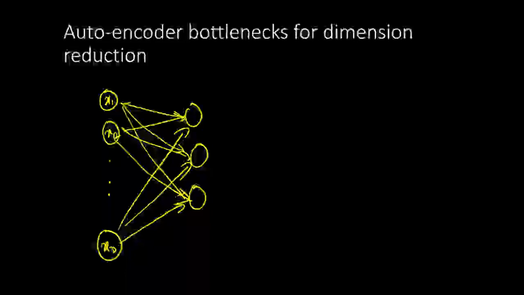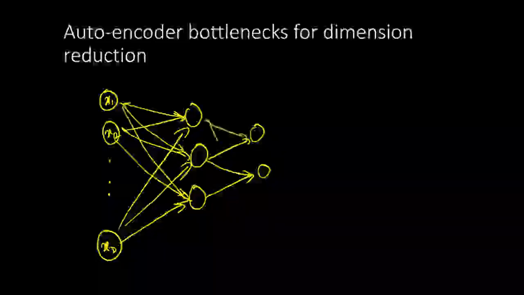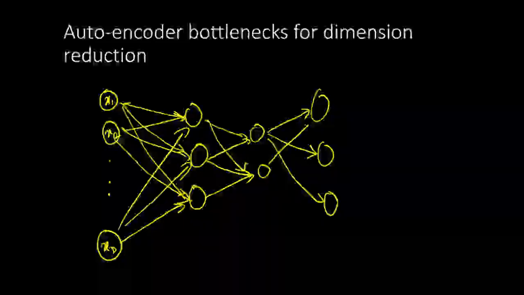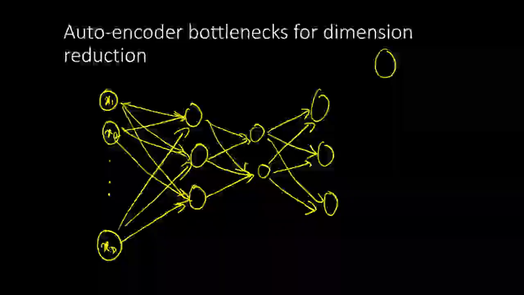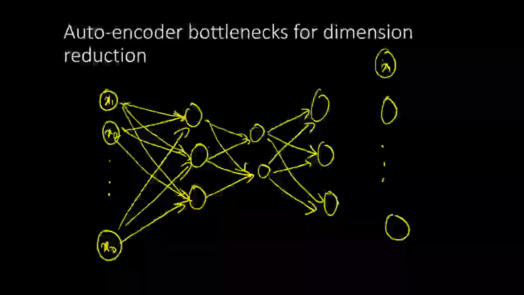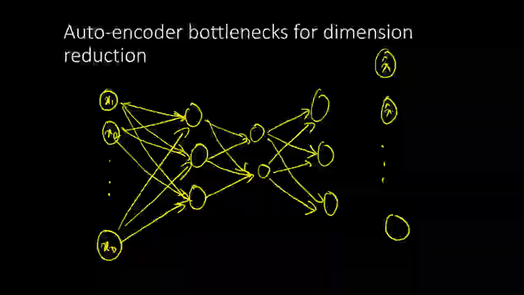Okay. Then I can send it through another layer that has even fewer neurons. Then I can start to expand the dimension. And then in the end I can have all the D dimensions. So I will call it x hat 1, x hat 2 and x hat capital D.